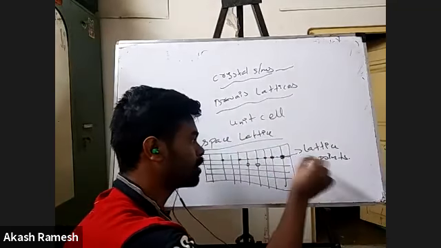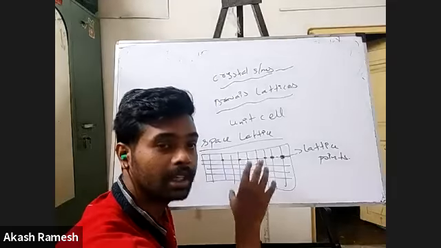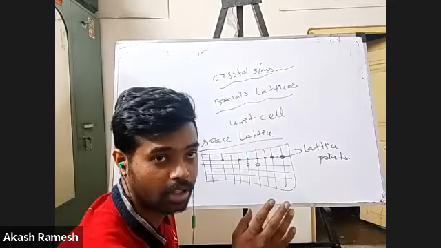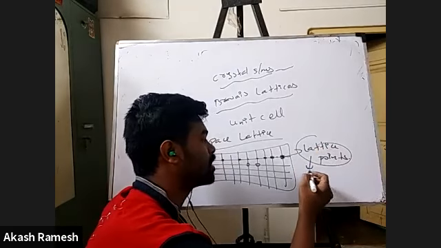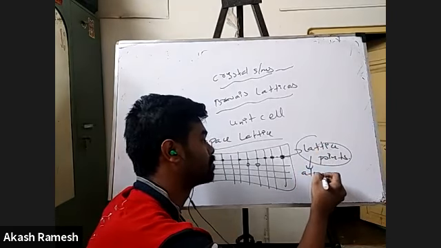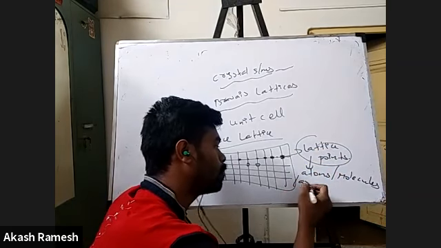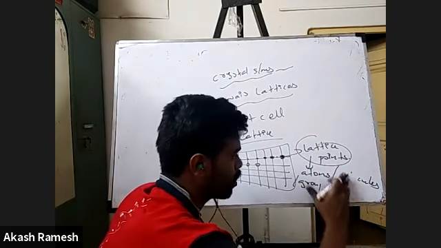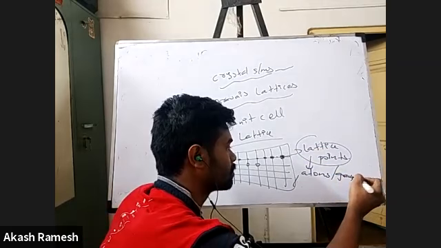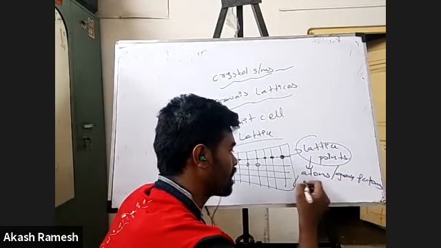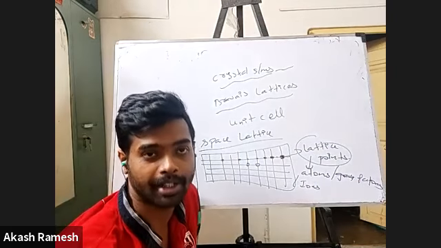So this is what the lattice is. The lattice points are the points from which, at different lattice points, whatever you see is going to be the same. Or I can also say these are the points where I can have atoms, molecules, or groups of atoms, or ions, depending on what solid it is.